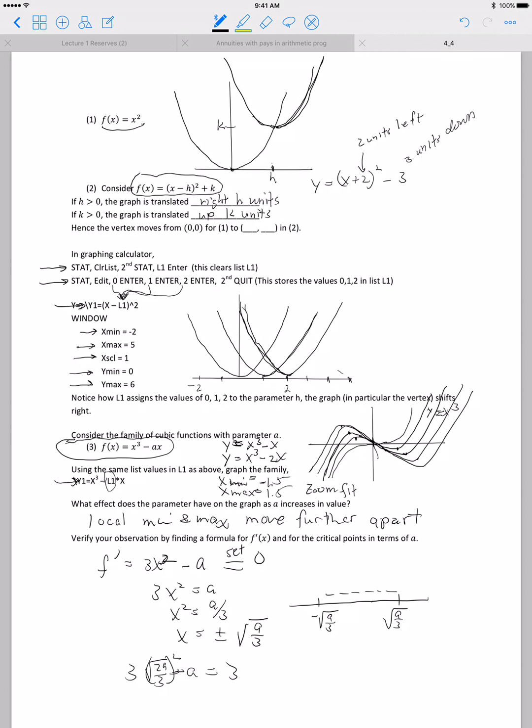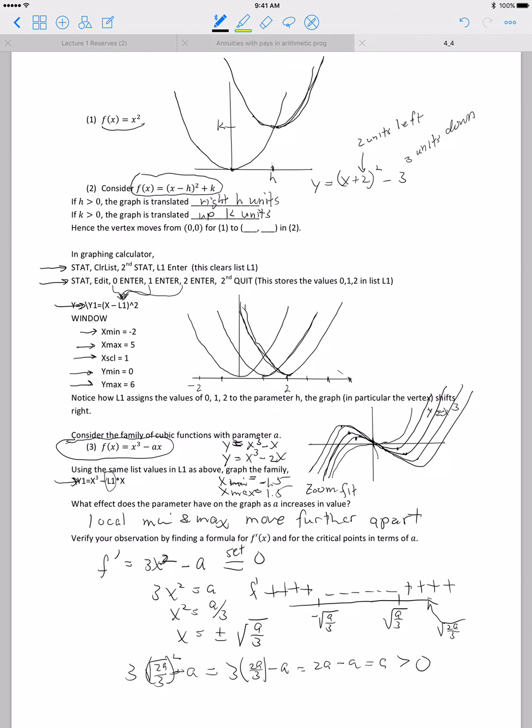So it's 3 times 2a over 3 minus a. So it's 2a minus a, or a. This is greater than 0. I've chosen a point out here, plugged it into the first derivative, and I got a positive number. Likewise, you'll get a positive value for the first derivative over here.